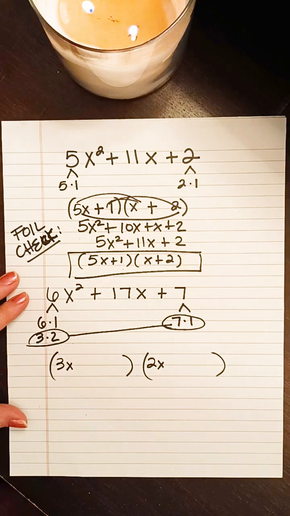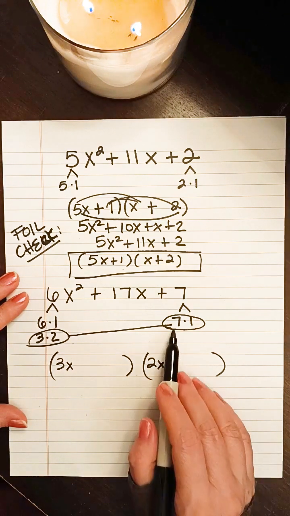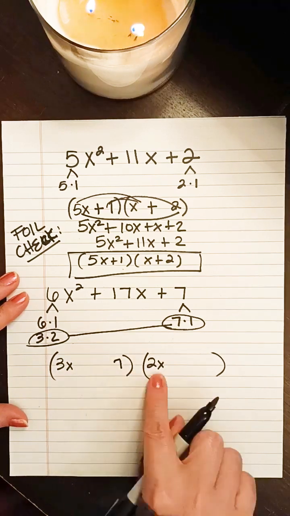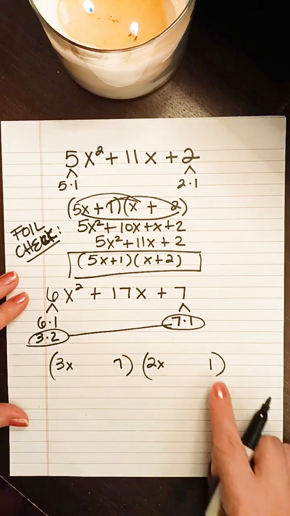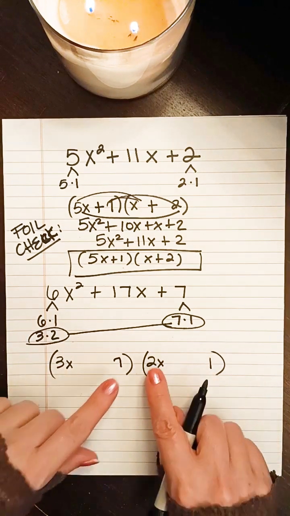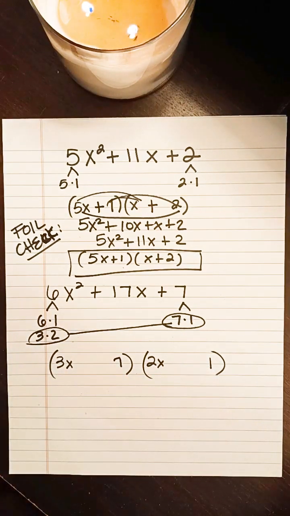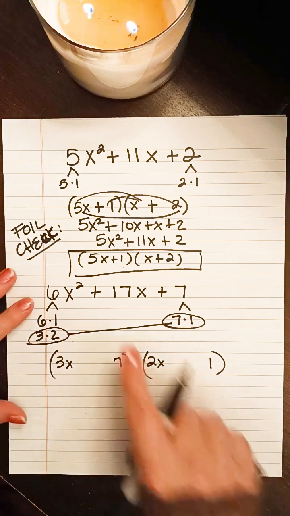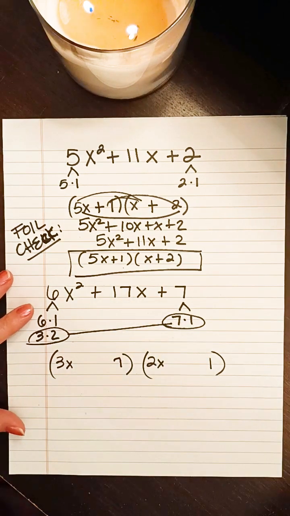It does matter. We want to get that 14 and the 3. So I'm going to place the 7 here to get 14, and then the 1 here to get 3. Because remember, in FOILing, outside terms get multiplied, the inside terms get multiplied, and those two products combine to get us our middle term.